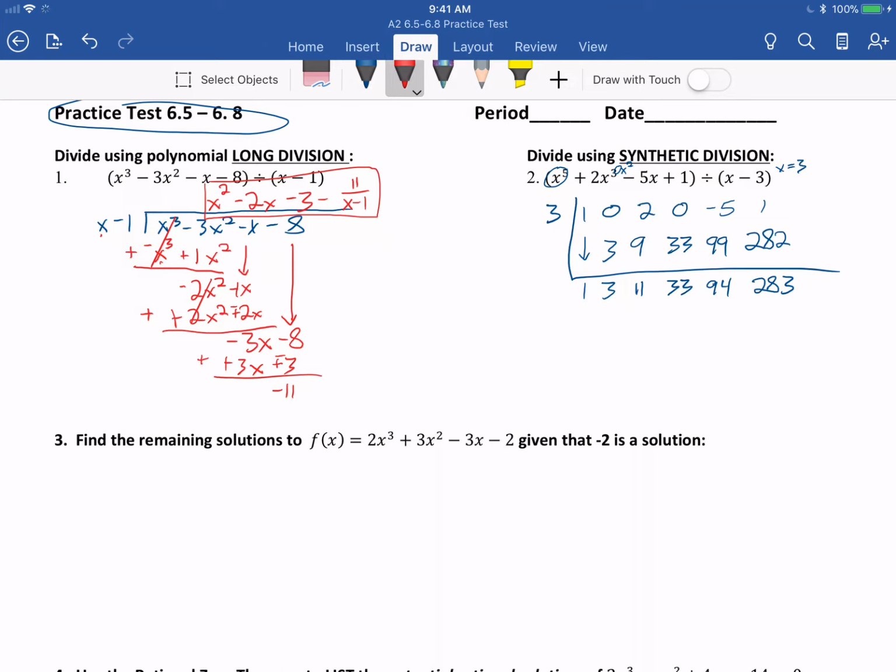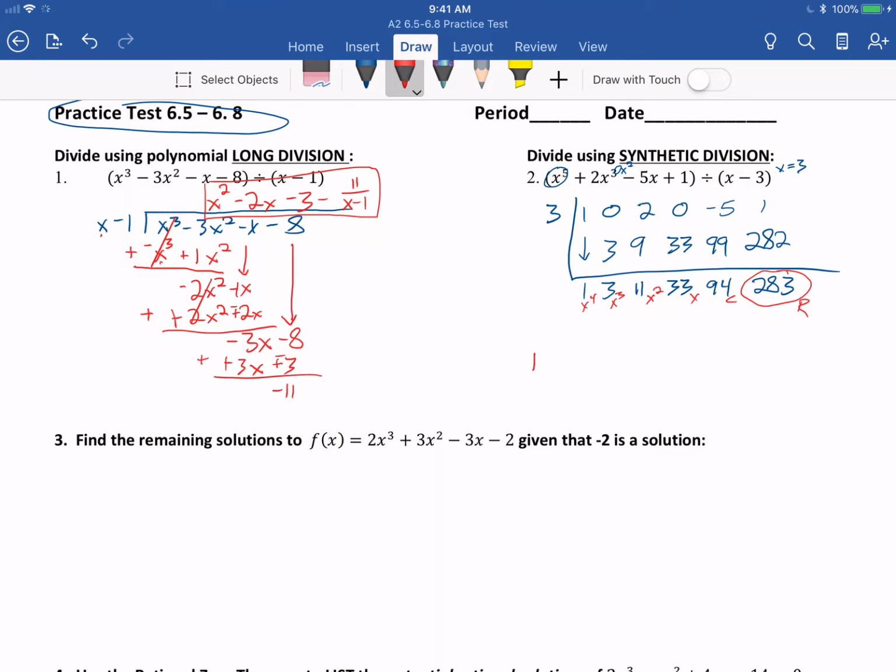So that's great. You did the synthetic substitution part, but now you have to remember, hey, what's my actual answer? So remember here, this is going to be my remainder. This is my constant, my x squared, my x cubed, and then my x to the 4th.